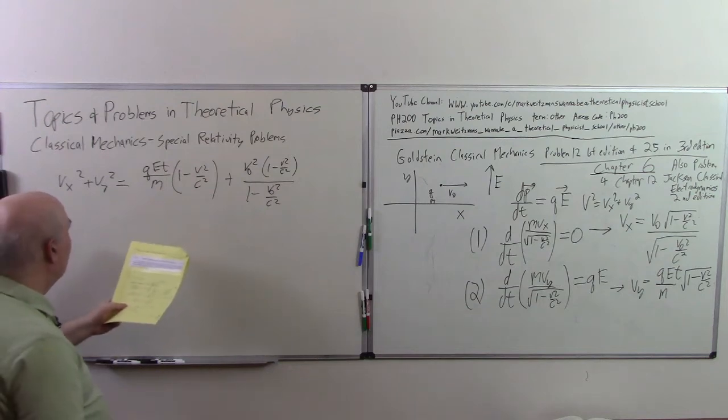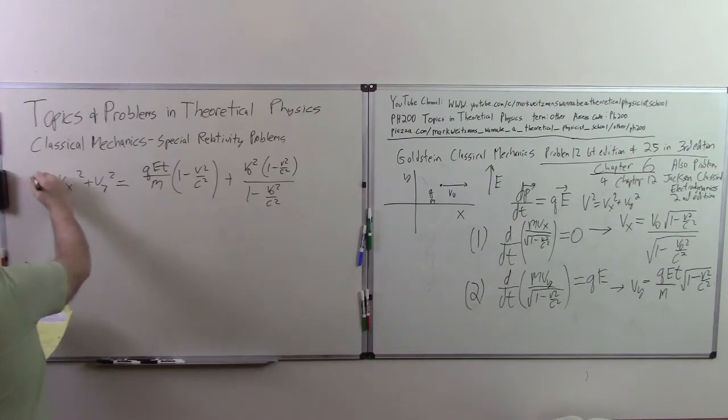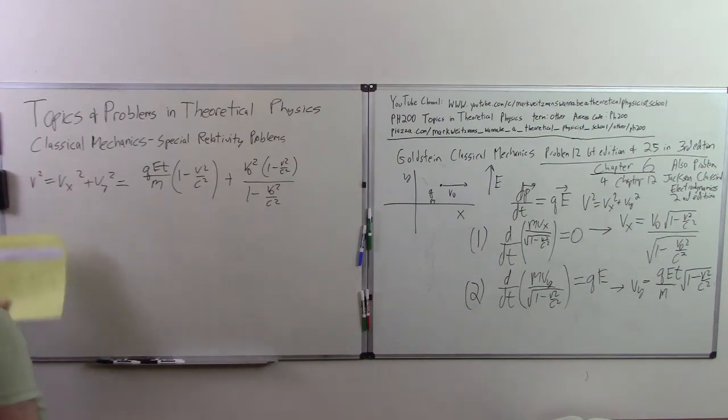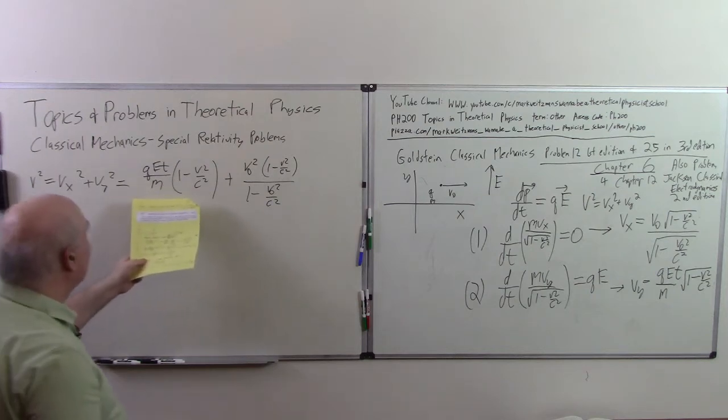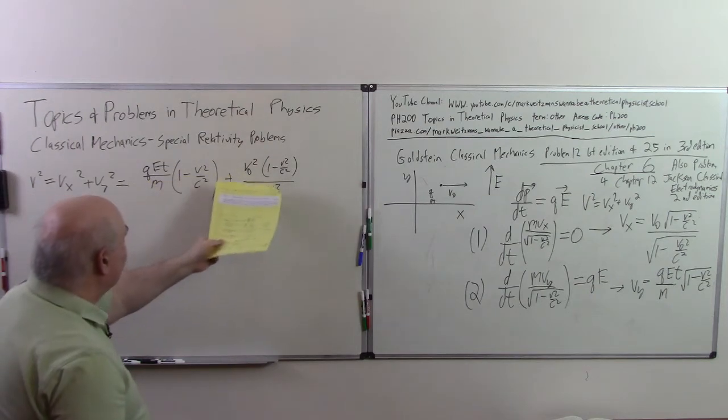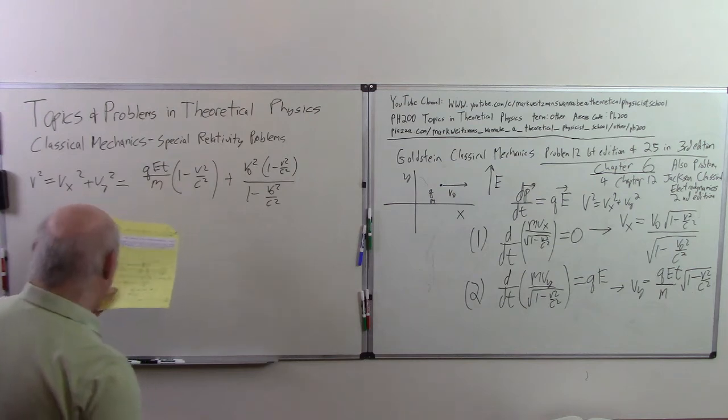And this is v squared. So you can see we have v squared here. The only unknown variable here is v squared. We can solve for v squared.